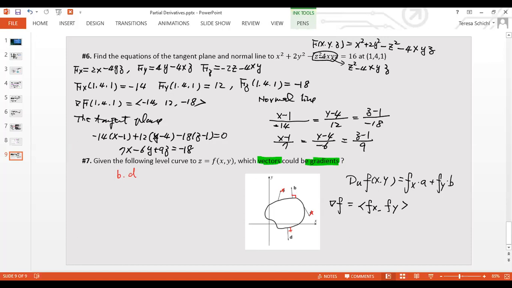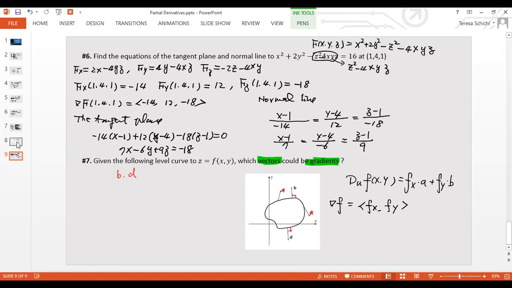Then the third important part is that in R2, your gradient vector is going to be perpendicular to the level curve. In R3, your gradient vector is going to be perpendicular to what? Level surfaces here.